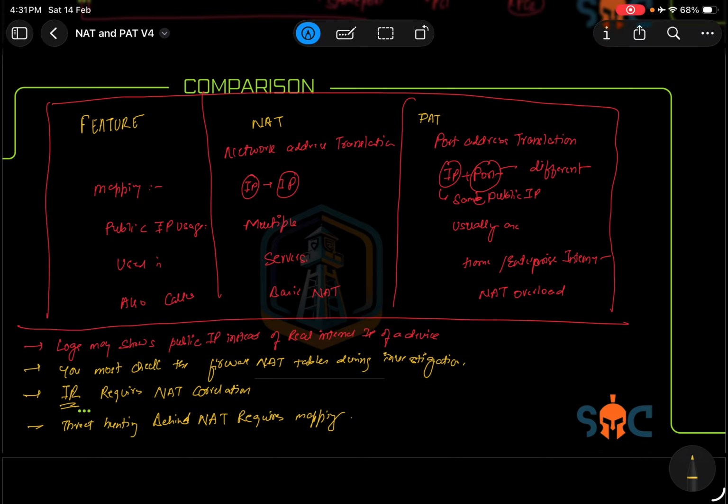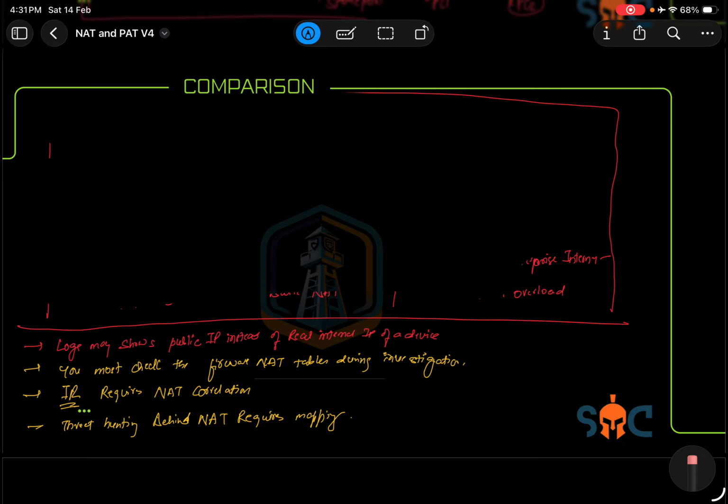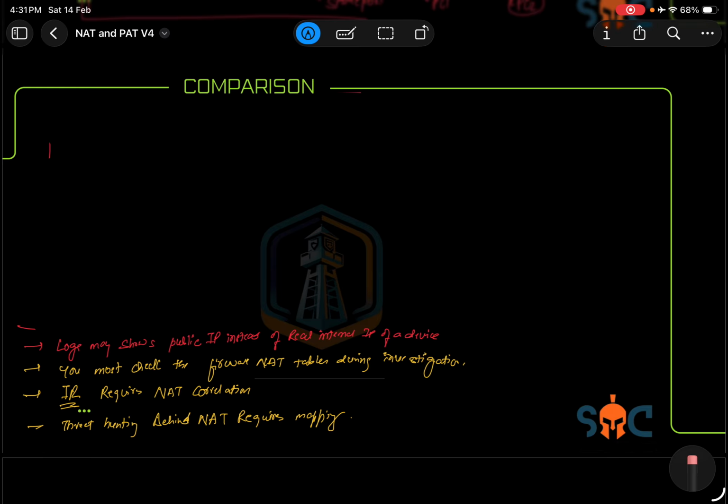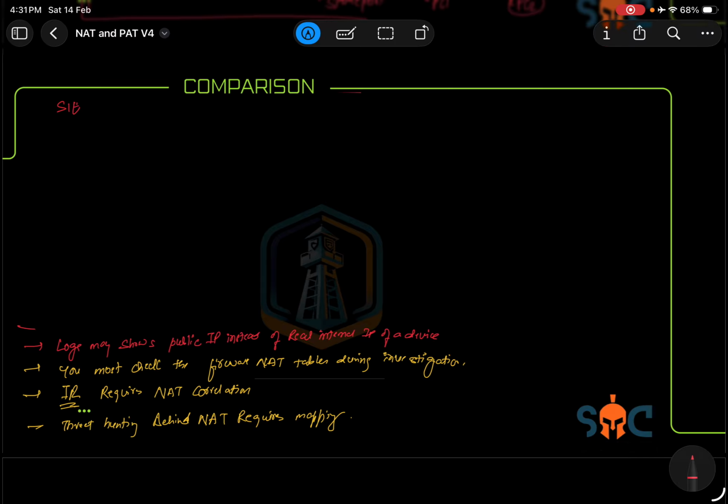Okay, so let's try to understand this with an example. For example, we have an attack which we are investigating, and we have a SIEM log which shows that the attack is coming from an IP that is 203.0.113.5.